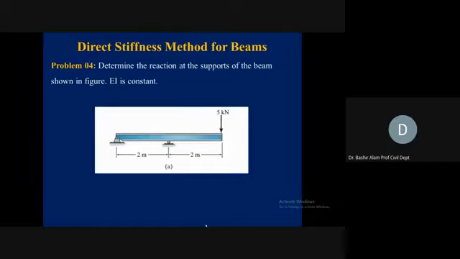Each support is for sure a node. Where the point load is applied, there is an abrupt change in load, so that also becomes a node. So it is a 3-node problem. You can put as many nodes as you want, but the minimum requirement is 3 nodes. We can define this problem with 3 nodes and 2 elements.